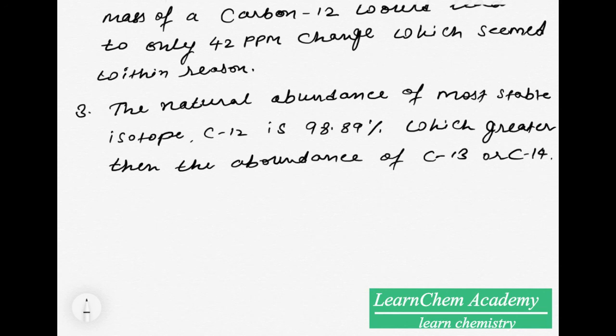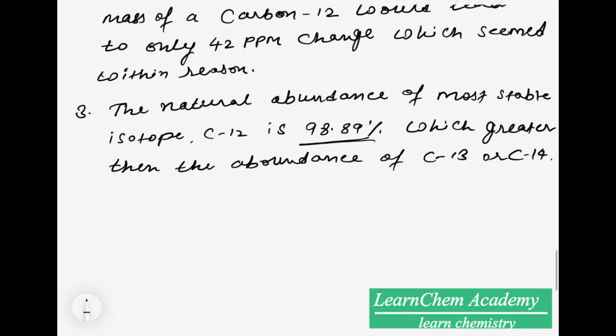Means the stable isotope C12 is approximately 99% abundant, the rest of the isotopes are present in very small amounts, and C14 is present in trace amounts. That's why we can use it in carbon dating for age determination, the age of fossils.